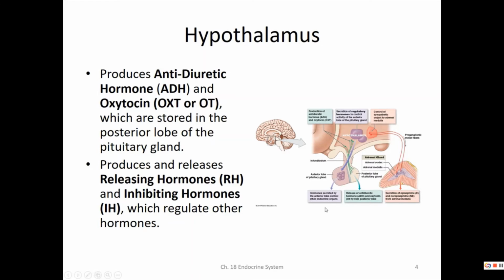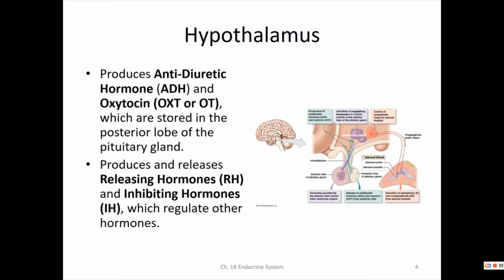And we saw a great example. We saw thyroid releasing hormone from the hypothalamus comes down to the anterior pituitary to cause anterior pituitary to release thyroid stimulating hormone, and then thyroid stimulating hormone will go on to the thyroid gland to make the thyroid gland release T3 and T4.